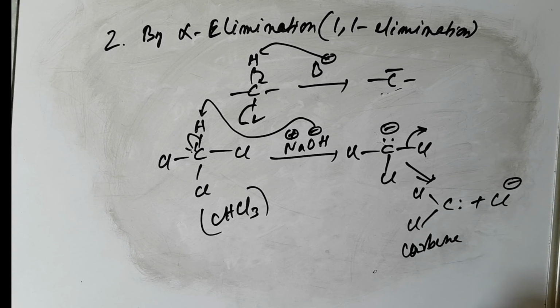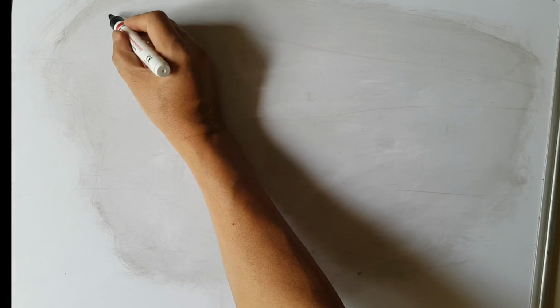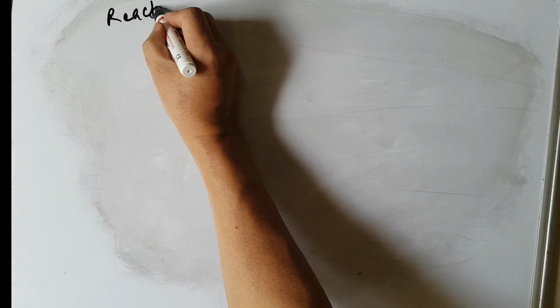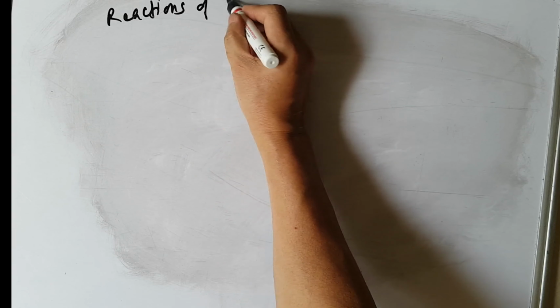So we have discussed these two main types: one is thermolysis or photolysis of compounds containing certain double bonds, and the second is alpha elimination, or 1,1 elimination. So this is about the generation of carbenes. Next we discuss the reactions of carbenes.